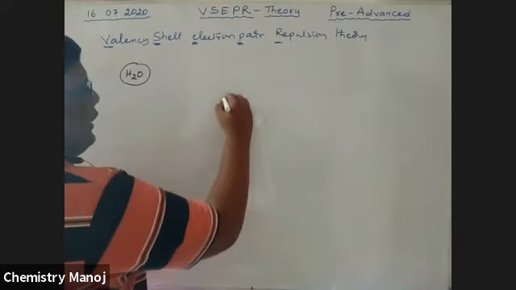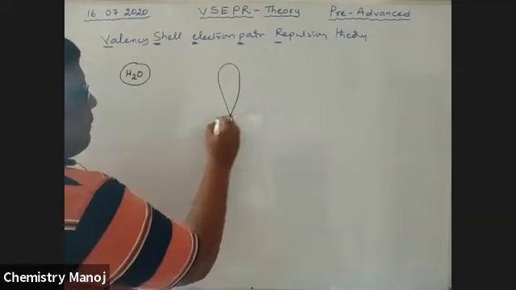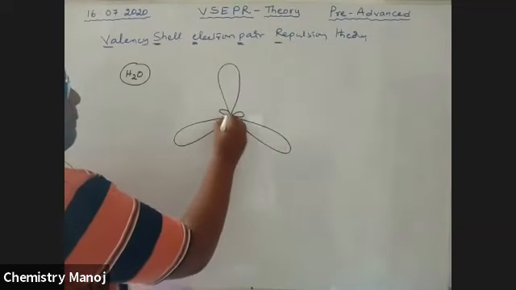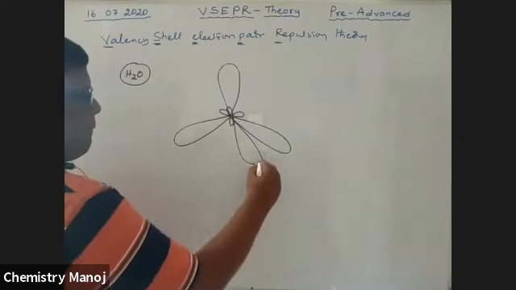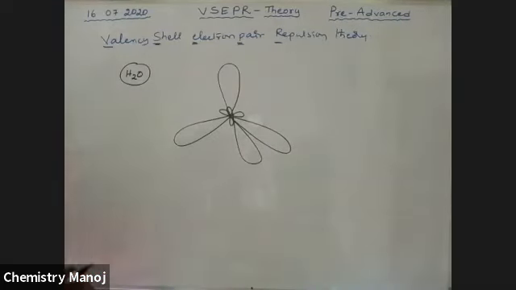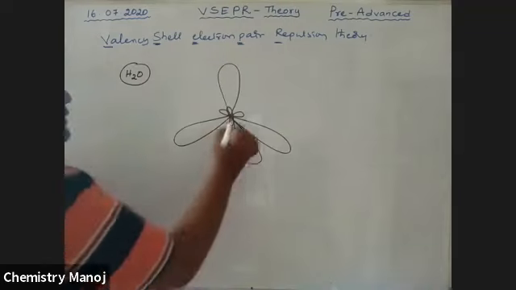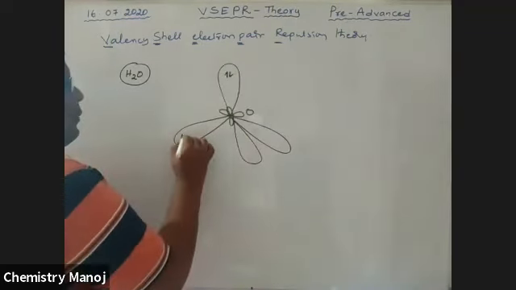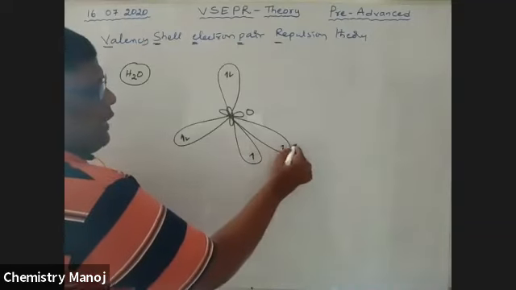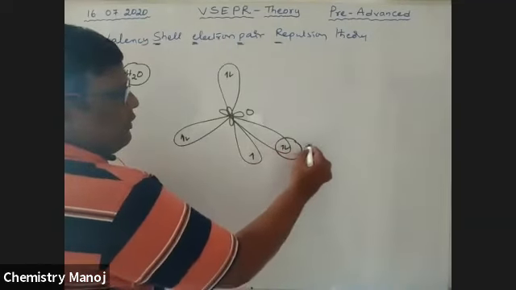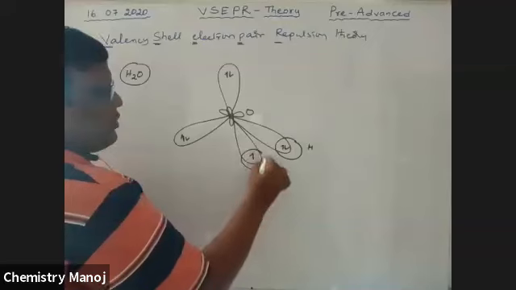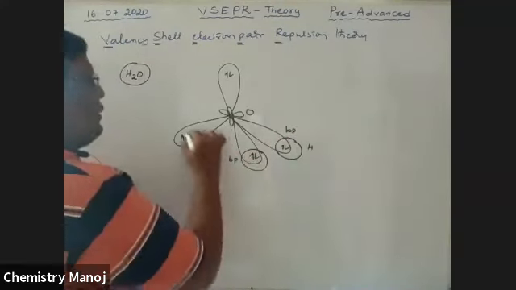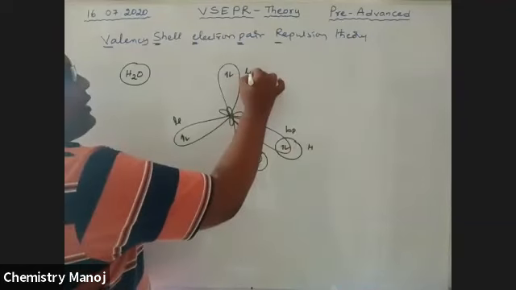This is what we expected: a tetrahedral shape. This is the central oxygen. This is a lone pair. This is a lone pair. These unpaired ones are connected with hydrogen. It is hydrogen. So this is a bond pair. This is a bond pair. This is a lone pair. This is a lone pair.